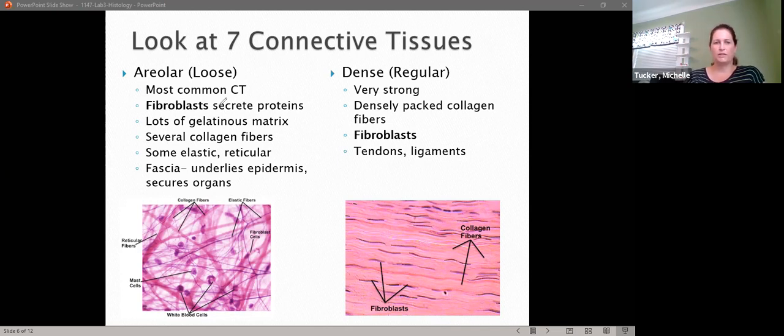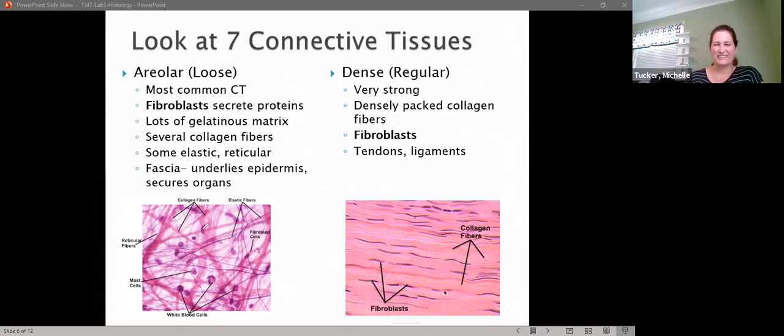So loose connective tissue is found everywhere because it has just the right amount of structure and no structure. It's a very flexible, useful tissue. It has this crosshatch design where in the dermis, you feed blood vessels and nerves through it and you can secure hair bulbs to it.